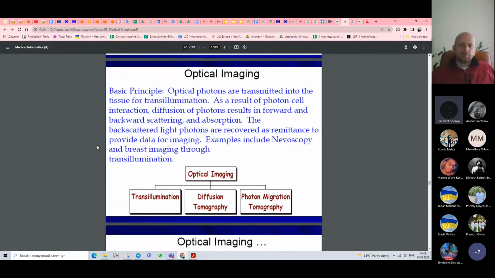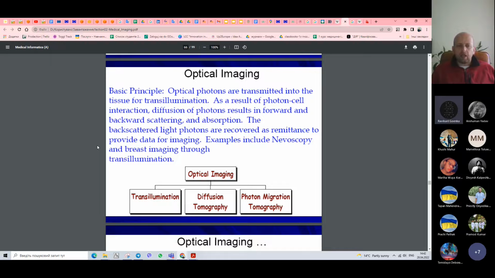Optical imaging. Basic principle: optical photons are transmitted into the tissue for transillumination. As a result of photon cell interaction, diffusion of photons results in forward and backward scattering and absorption.